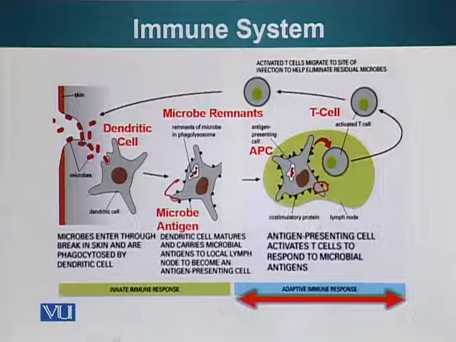Innate immune system, I mentioned earlier also, are non-specific responses. For example, dendritic cells have special receptors on them. These receptors recognize certain parts of the pathogens, and they are not very specific. It's a group of receptors that can bind different parts of pathogen or bacteria.